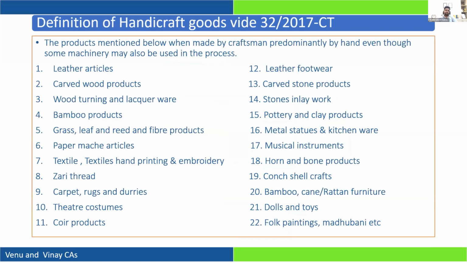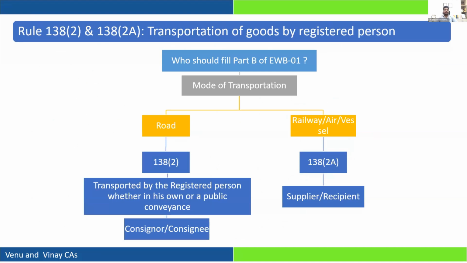So now coming to sub-rule 2 of Rule 138, transportation of goods by the registered person, who should fill the Part B of the e-waybill 01. In case of transportation by road, transported by the registered person, even if he transported in his own conveyance or public conveyance, then the consignor or consignee, either of the parties, can generate the e-waybill.